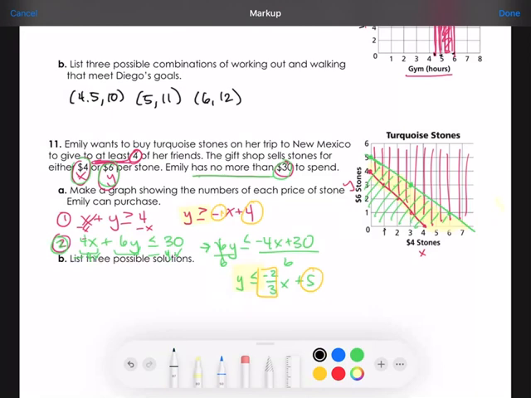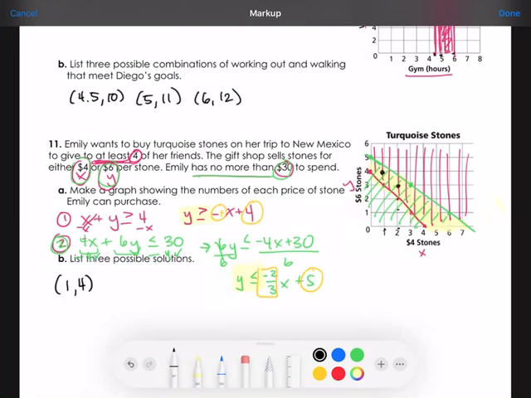So she could buy one $4 stone and 4 $6 stones. So 1 comma 6. Is that, no, that's not right. 1 comma 4, sorry. Which if you add those together, she's getting 5 total gifts if she buys 1 and 4.